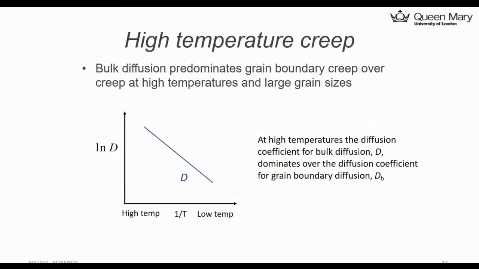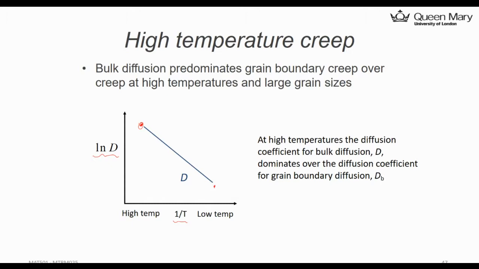So if you look at this graph, I'm plotting the diffusion coefficient against 1 over temperature. At high temperature, the diffusion coefficient for the bulk diffusion follows this relationship. High temperature gives a higher diffusion; low temperature means a lower diffusion coefficient. So let's compare these two.